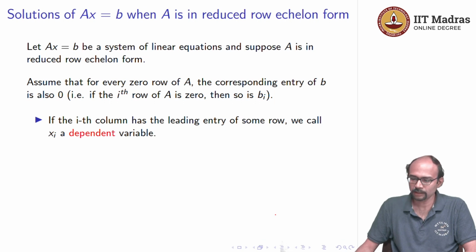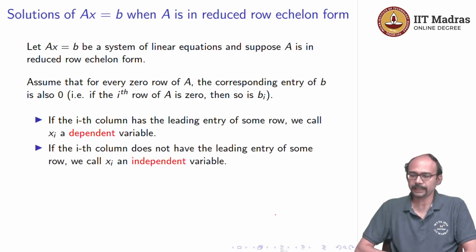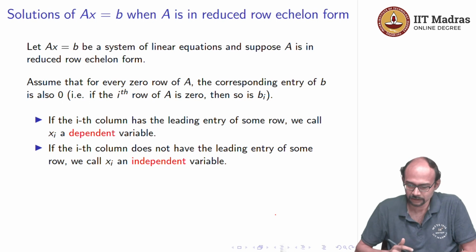So, then we will call xi a dependent variable. So, in that first example, since the leading entries were in columns 1 and 2, x1 and x2 are dependent variables, and if the ith column does not have the leading entry of some row, we call xi an independent variable, right. So, all the other variables are independent variables. In that first example, the independent variable is x3.